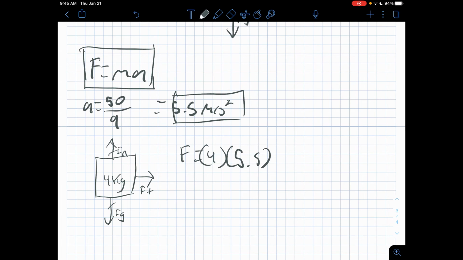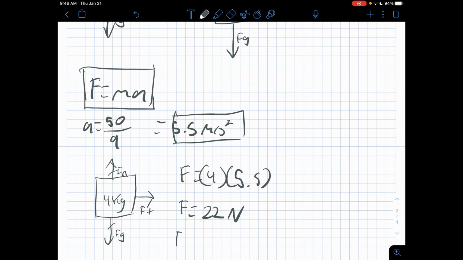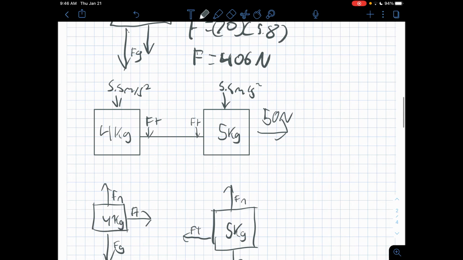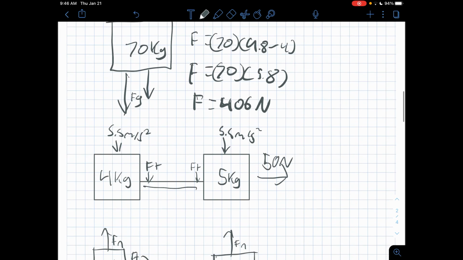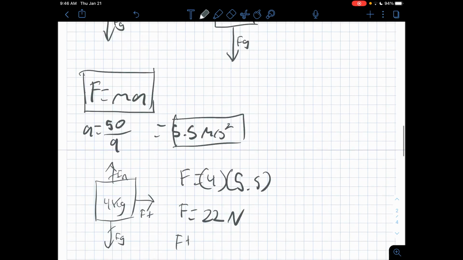You simply multiply those together, times 4, and you get F equals 22 newtons. And that F is actually equal to Ft. What we've done is calculate Ft for the 4 kilogram box, which means we've actually calculated both of the force tensions, because the force tensions are always the same.